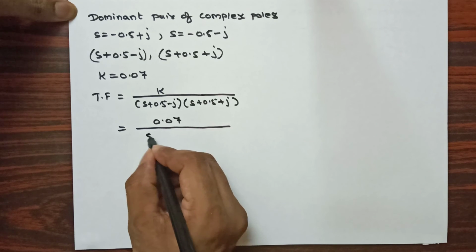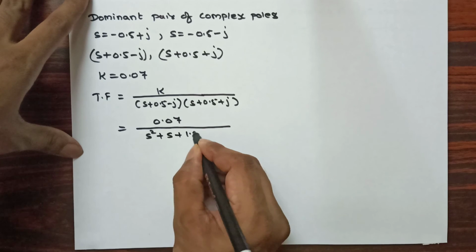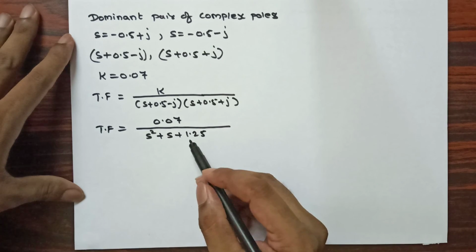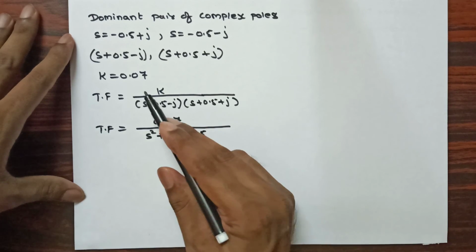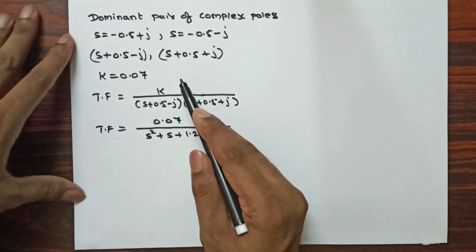Now this is the transfer function for the value of K for a damping ratio of 0.5.